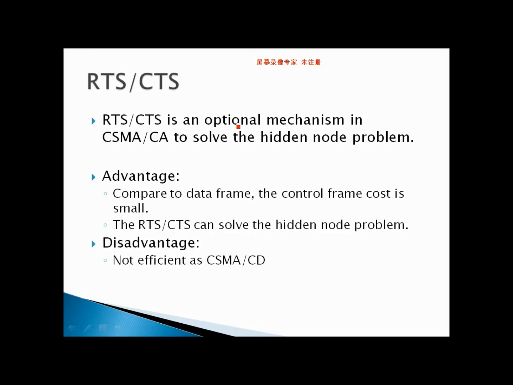Because the control frame is small, the cost is also very small, and it can solve the hidden node problem. But even though the control frame is small, it still increases the cost. So collision avoidance is not as efficient as carrier sense multiple access with collision detection, which is used in Ethernet.